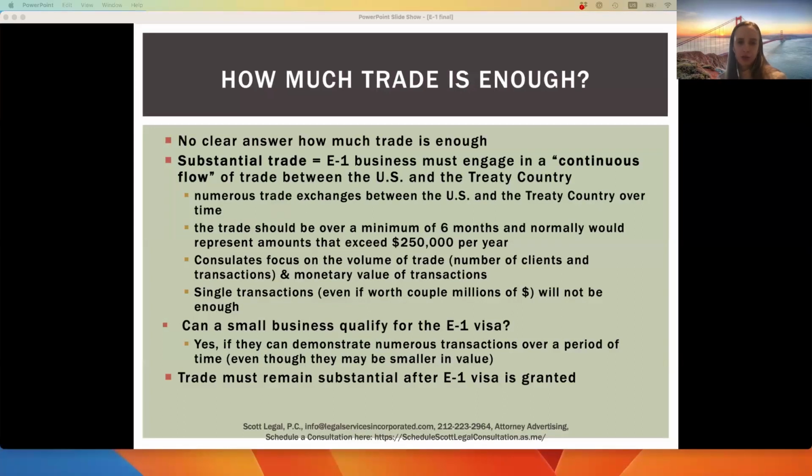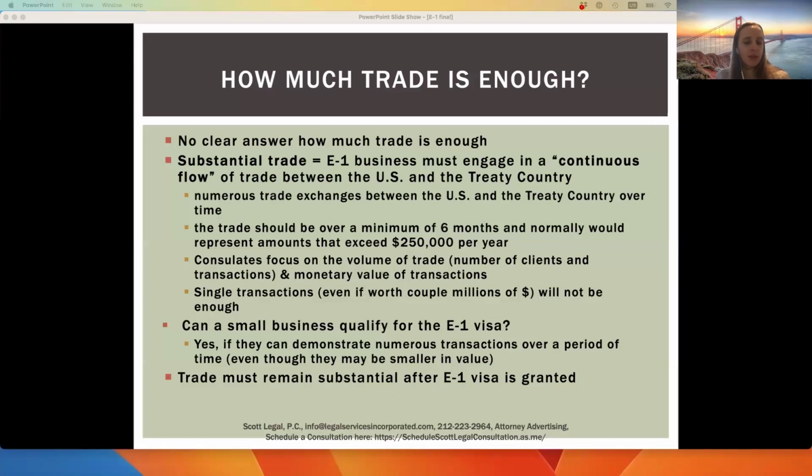Even though the transaction was really high in value, this would never be enough for you to qualify for an E-1 visa, because you wouldn't meet the continuous flow requirement. So again, the government wants to see multiple different clients, with multiple transactions with each client. And then they will also look at the monetary value of all of those transactions.